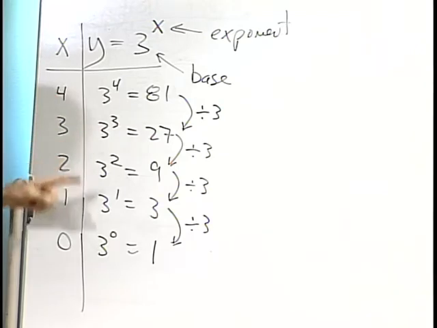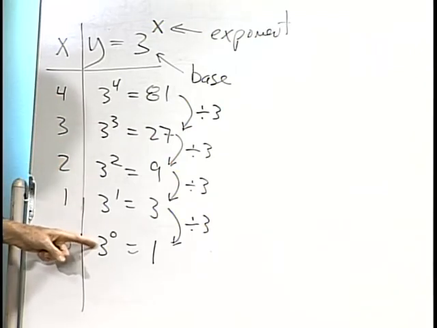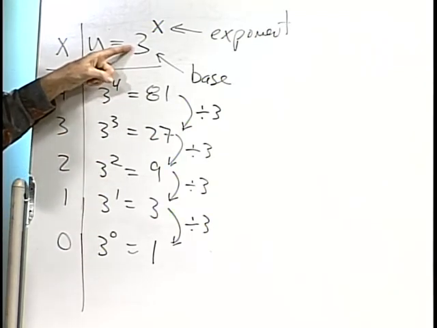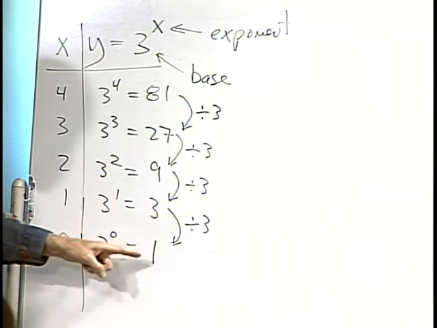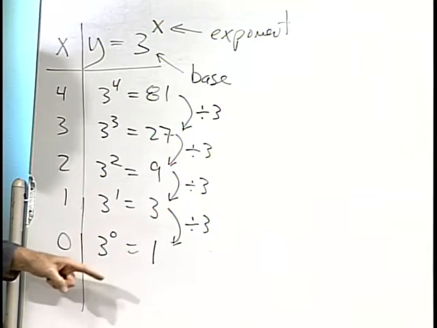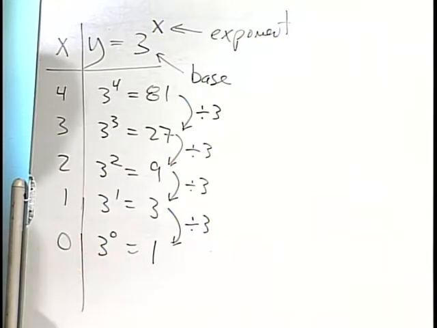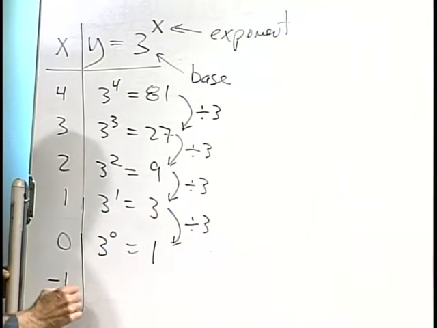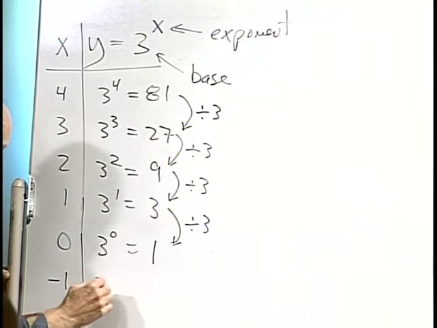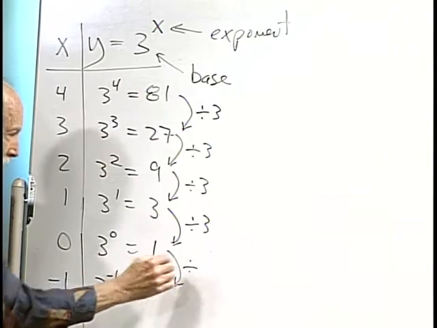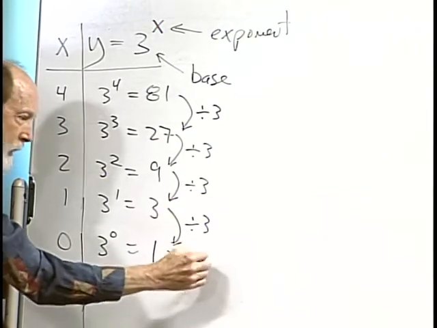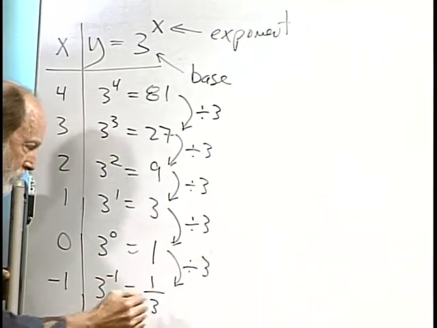So no matter what the base is, a non-zero positive base, could be any number bigger than 0, raised to the 0 power is always going to be 1. Then you can go on and explain what happens when you have a negative exponent. If you divide this result 1 by 3, you get 1 over 3.